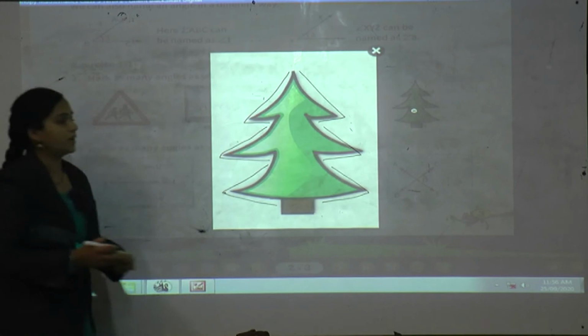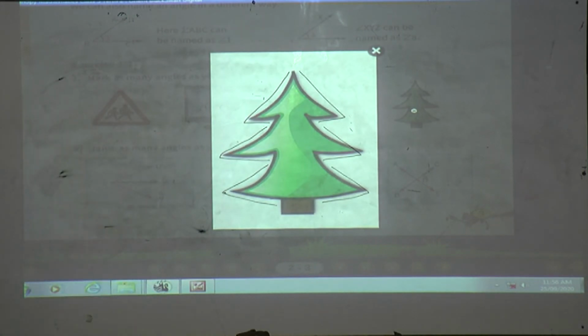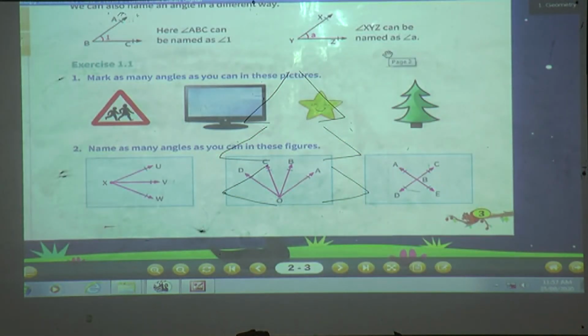There are so many angles. Okay, here we have completed our first question. Then we are going to start our second question.